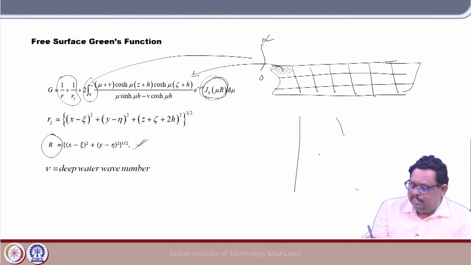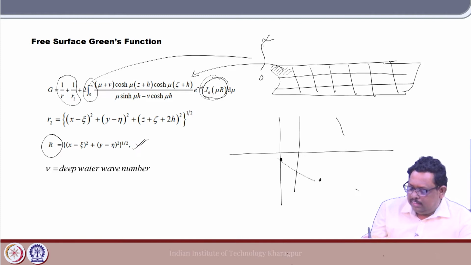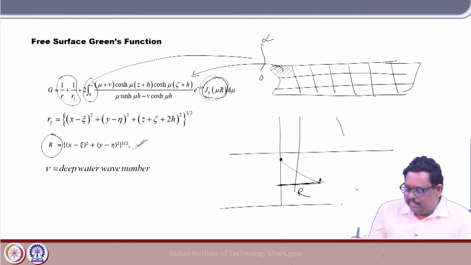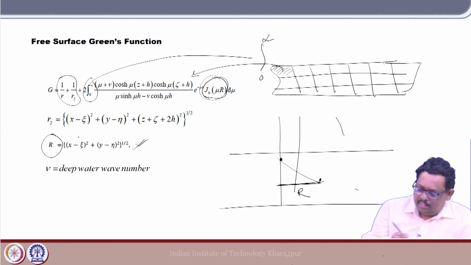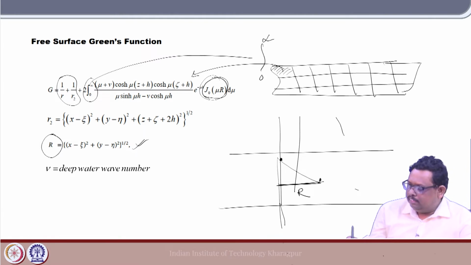If I have a source point here and a field point over here, then this distance is your R. If this is the sea bottom and this is the source point, then this R2 is basically the image about the seabed.